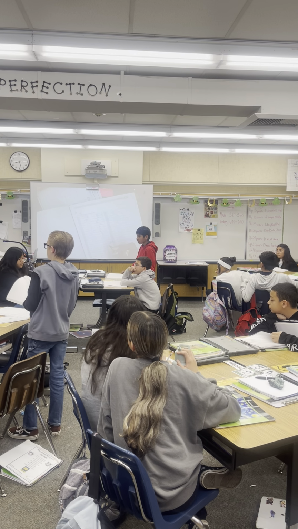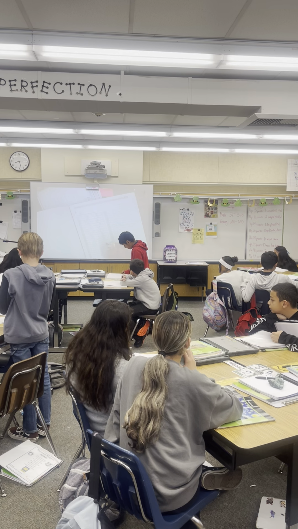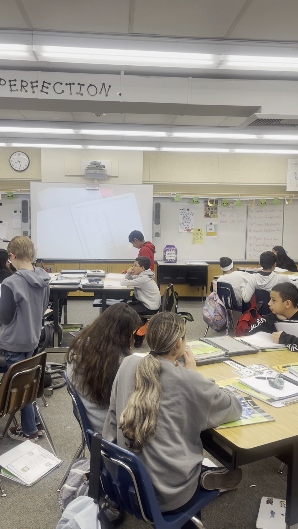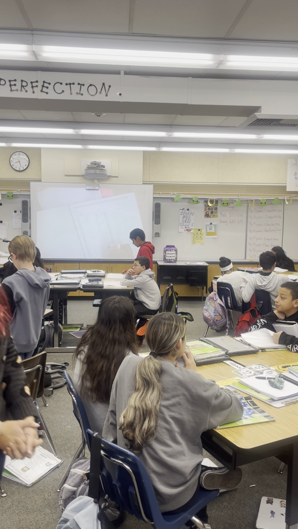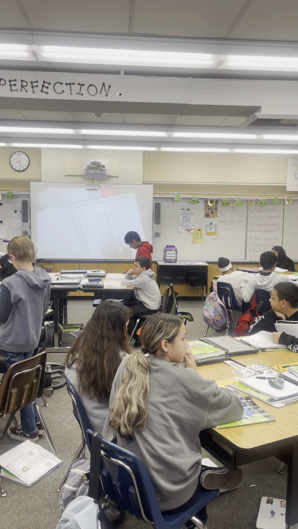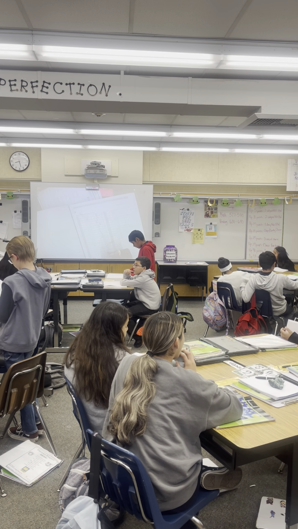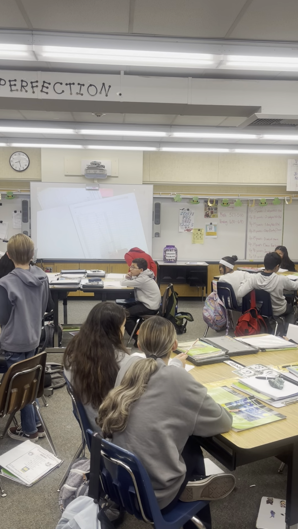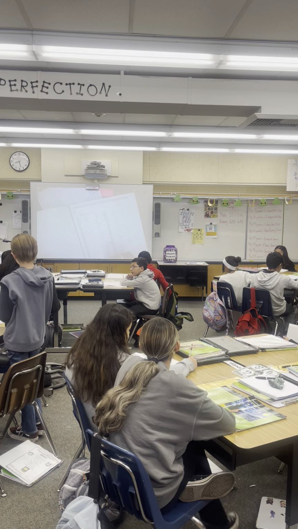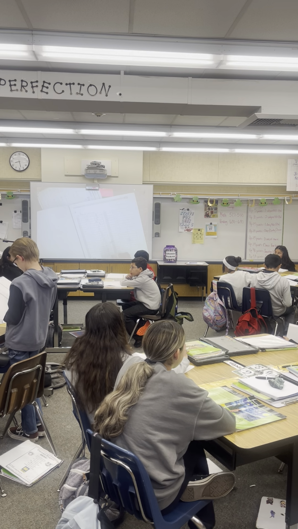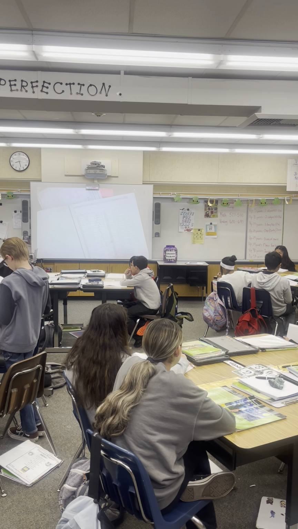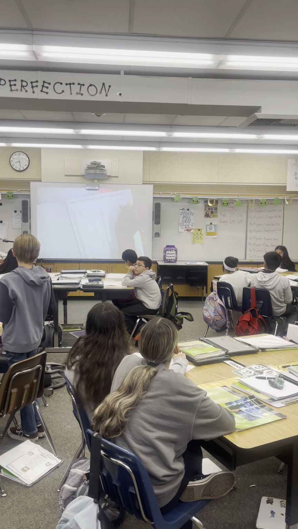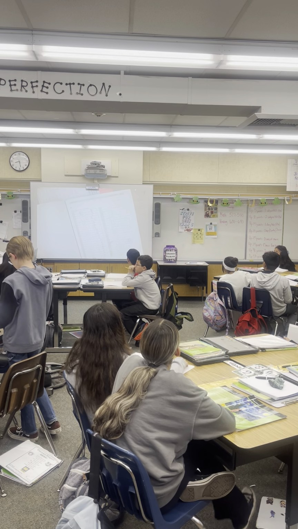Oh, I was thinking 14. 14. 17, Two. 18, Three. 19, Six. 20, Two. 21, Six. 22, Two. 23, 10. 24. I didn't get this. Okay, good. Give him a hand.